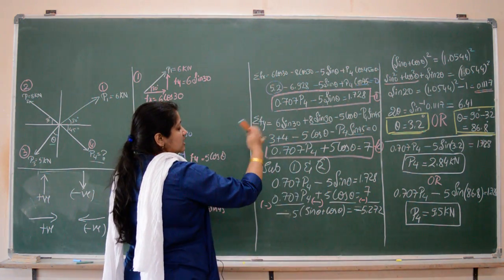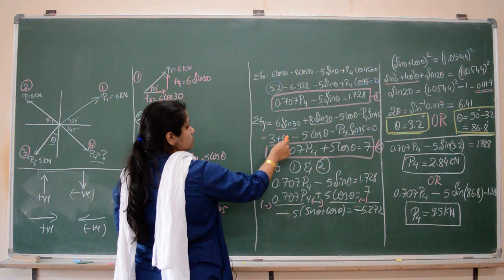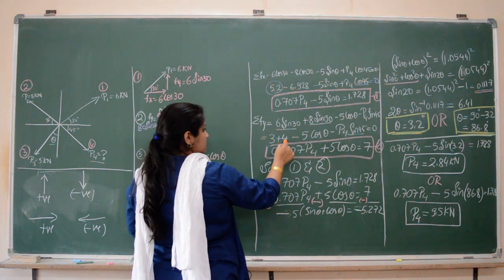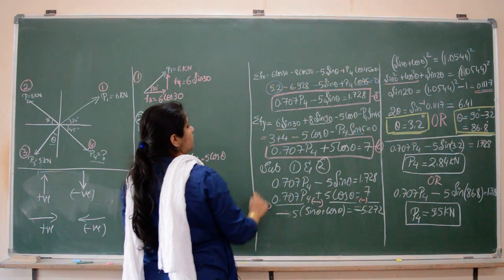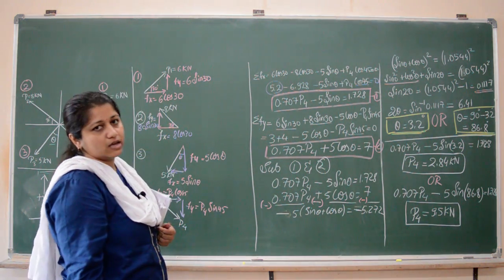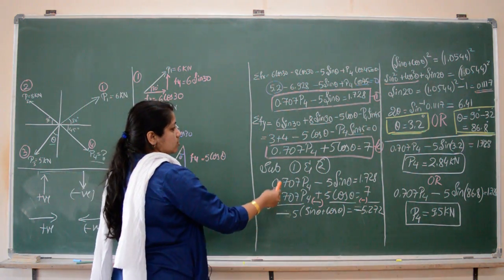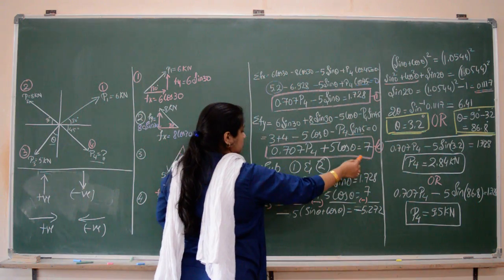Then I am taking it towards the right hand side, so this will be 4 plus 3, that is nothing but 7. Then I arrive at the second equation.